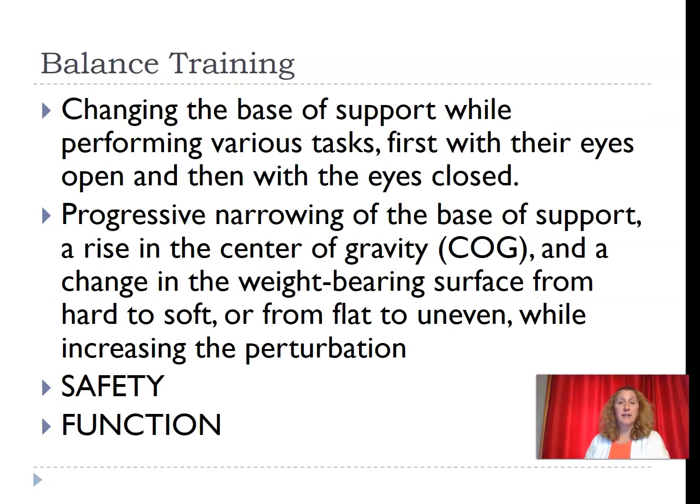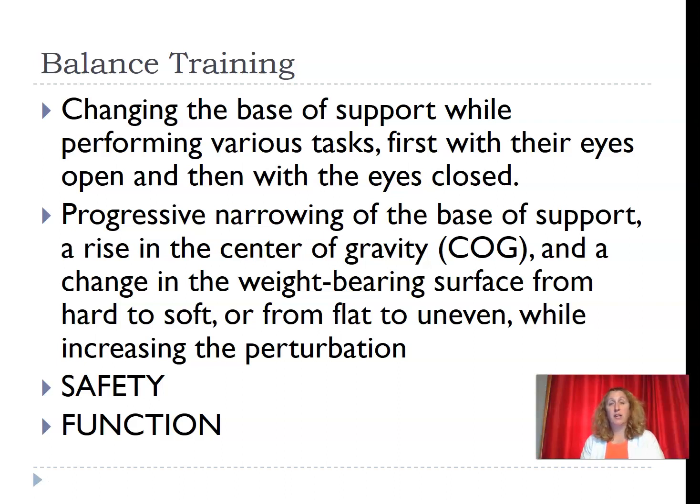And then finally, how we could progress exercises is similar to what we would do for our closed chain exercises. If we're doing standing activities, we would start with a wider base of support, gradually going narrow, and from a stable surface to a more unstable surface. This could be going from hardwood floors to carpeting, and then to an AirEx pad.